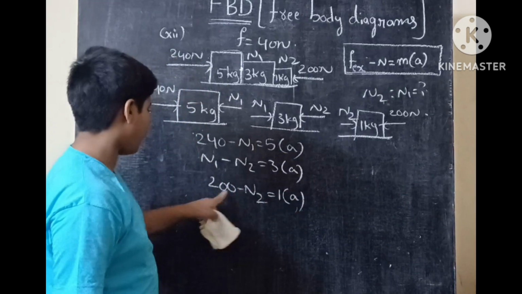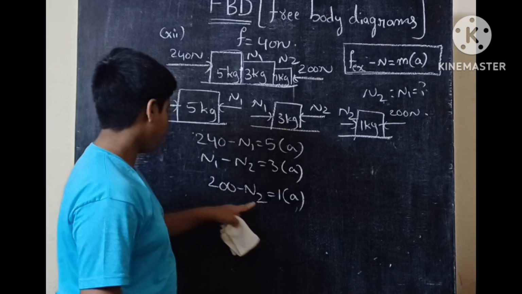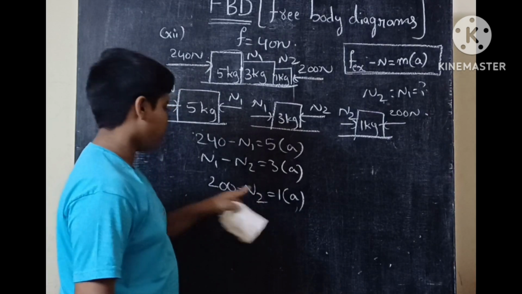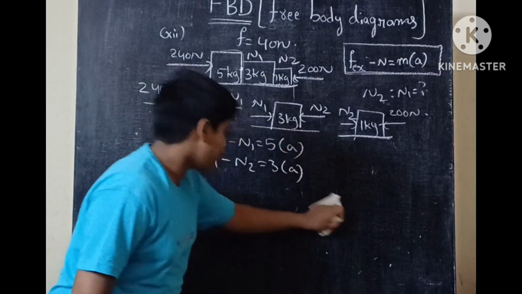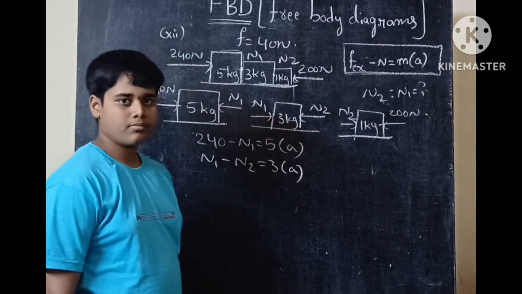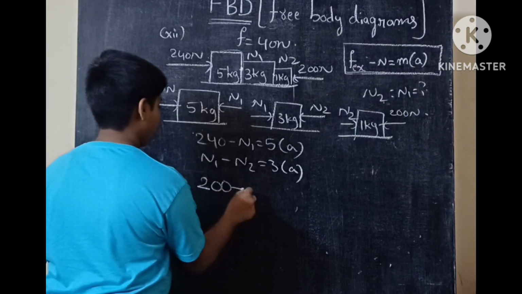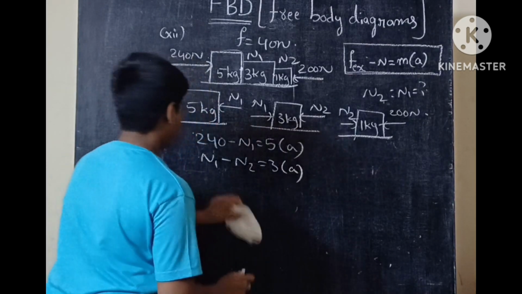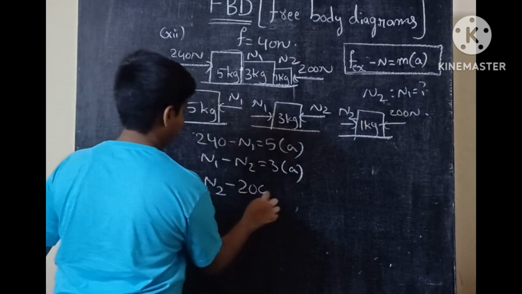So why did I write 200 minus N2? This is exactly wrong. We have to write N2 minus 200.